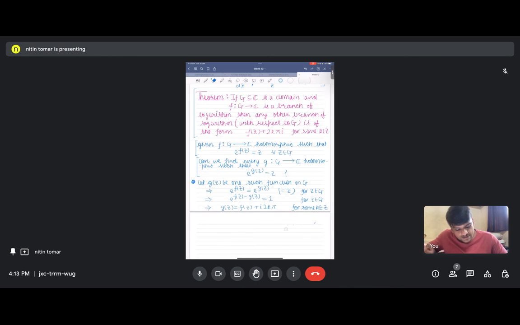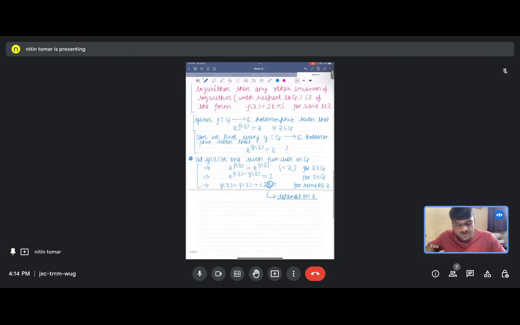Still, see, there is a gap in the proof. This k that we have written here, this k depends on z, right? All these equations hold. First, you fix some z.